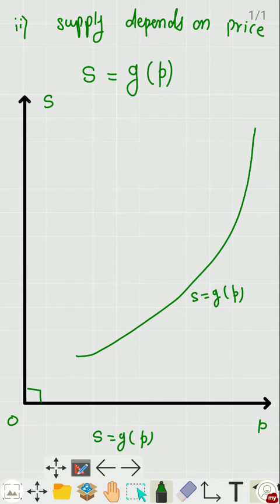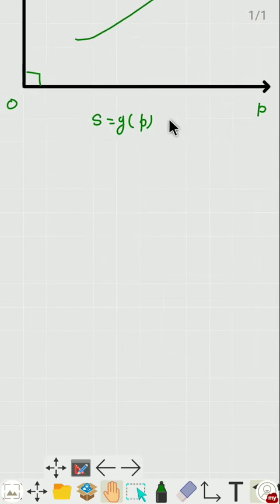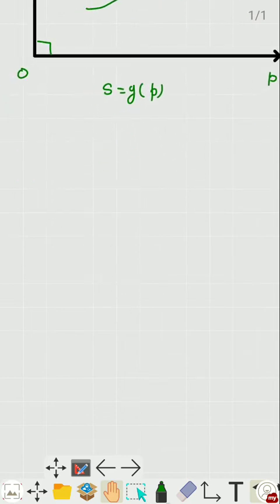We have therefore learnt the following now. There are mainly three interrelated variables in the market: price, demand and supply.